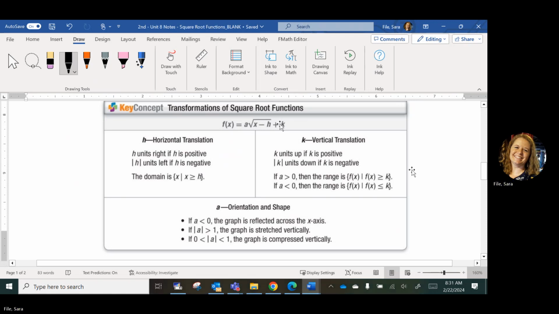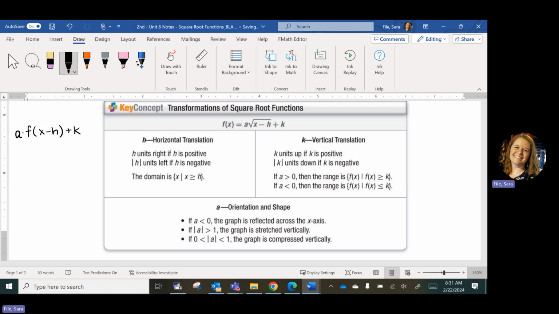To jog your memory, when I say outside the function, I'm just going to write this in terms of f of x. H is inside being subtracted, K is outside being added, and A is outside being multiplied.